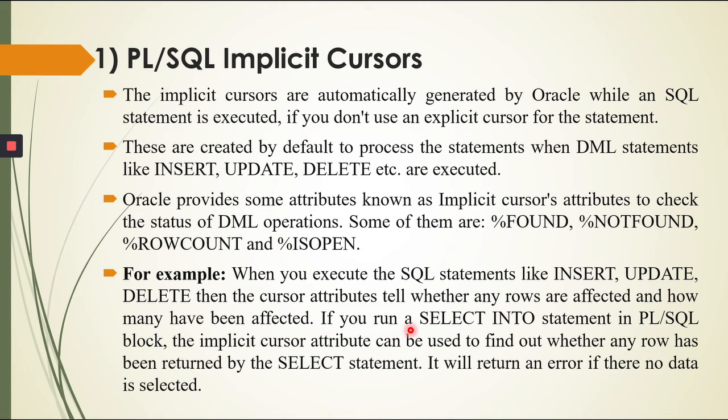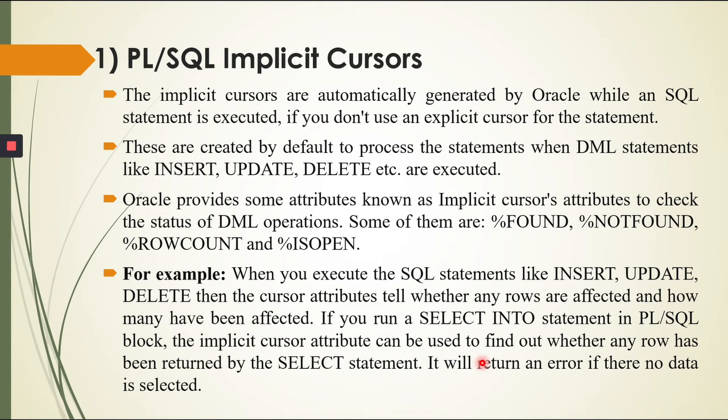If you run a SELECT INTO statement in a PL/SQL block, the implicit cursor attribute can be used to find out whether any row has been returned by the select statement. It will return an error if no data is selected. So we use a select statement to fetch some data, and the implicit cursor attributes will tell how many rows are affected by our select statement.